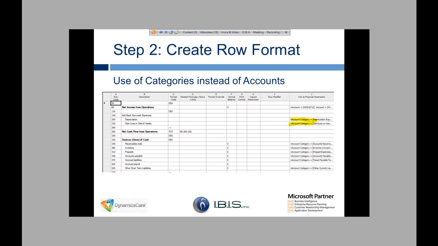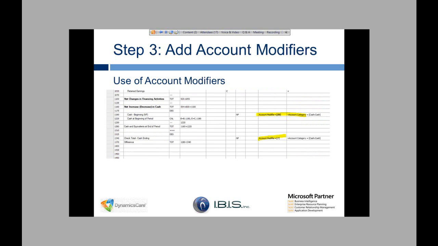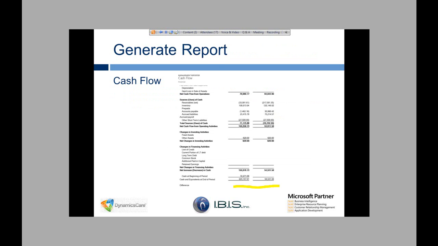We forget they're there. Most of the time they were put in correctly, and if they weren't there, it's easy to fix. And then you can use those account categories to generate quick reports. And then lastly, we're going to add the account modifiers, and this is in the row format, and you'll be able to see that. And we'll generate the report.